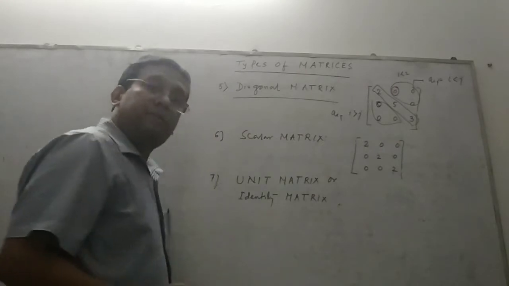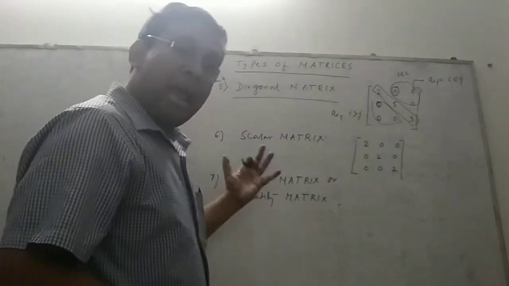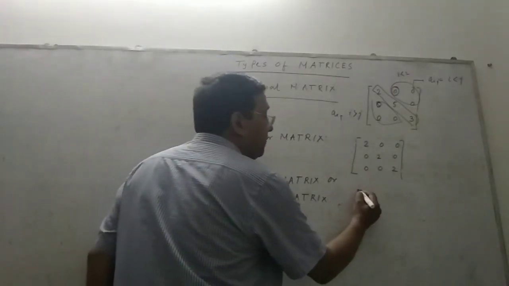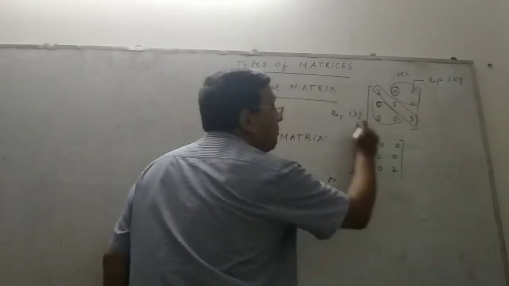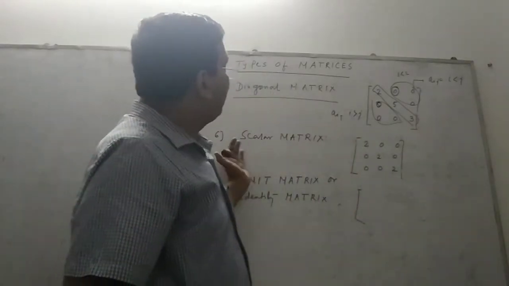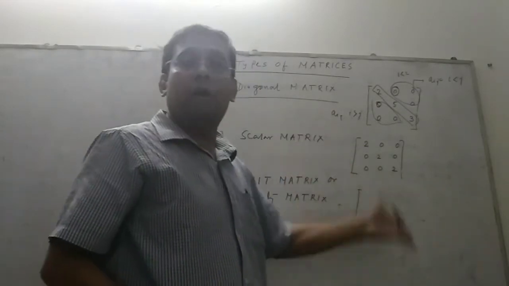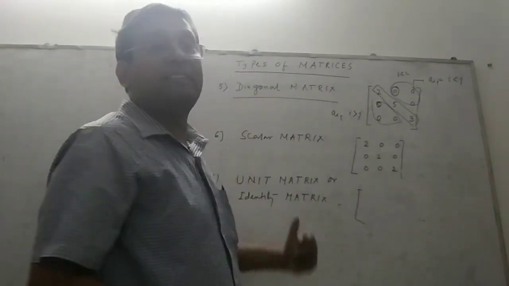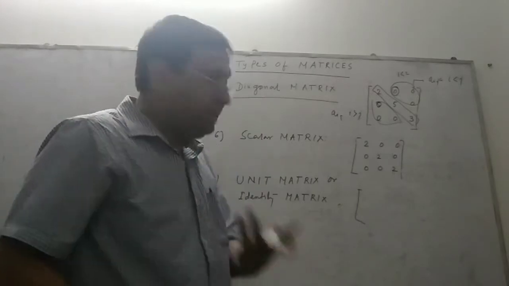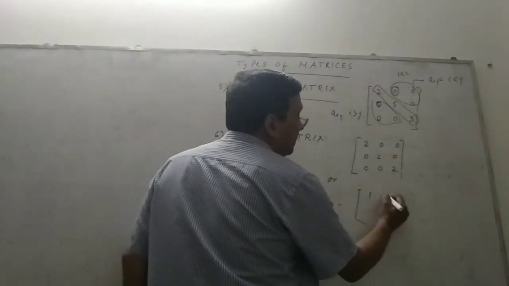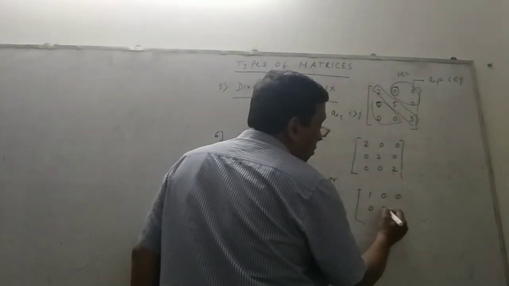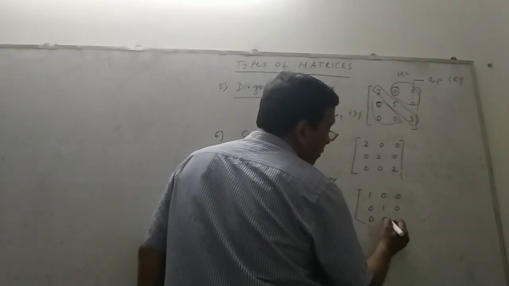The unit matrix or identity matrix is defined when the primary diagonal elements are 1. When the diagonal elements of a scalar matrix are all 1, then that scalar matrix is the identity matrix. That is 1 0 0, 0 1 0, 0 0 1.